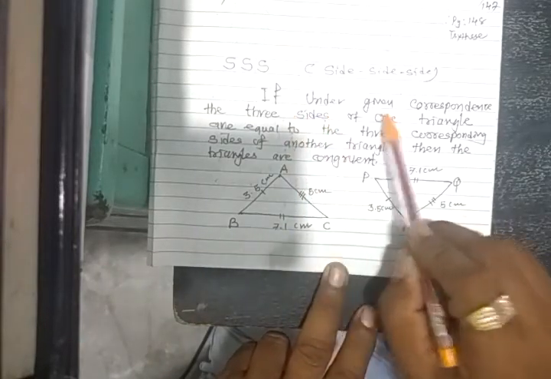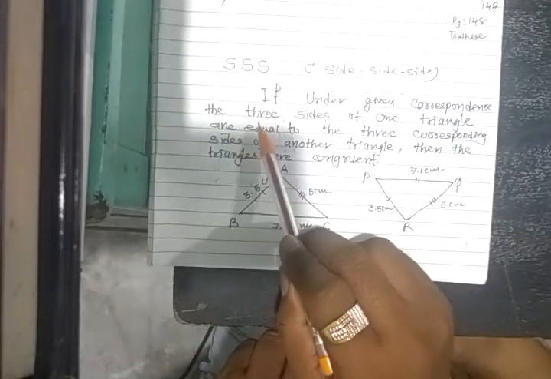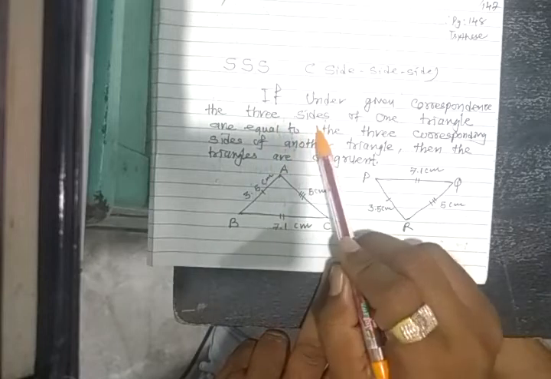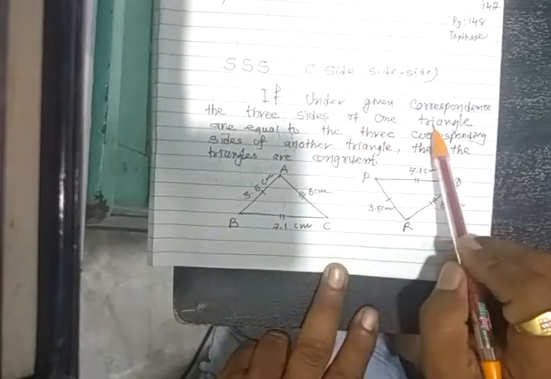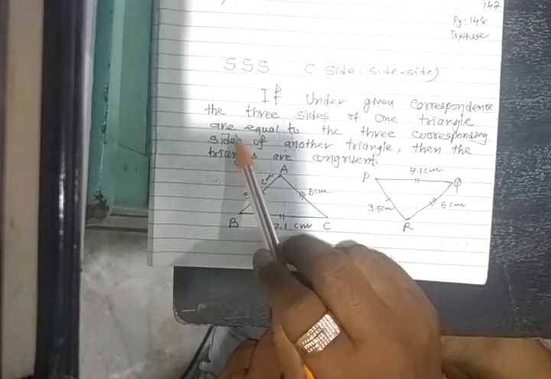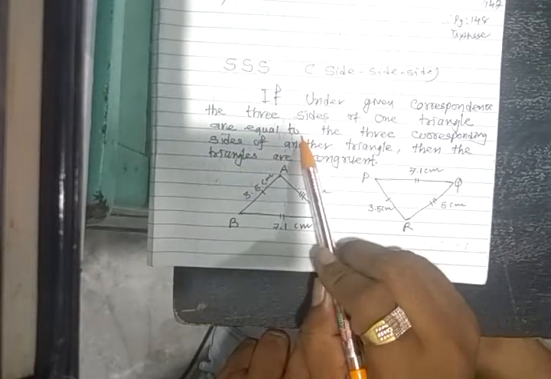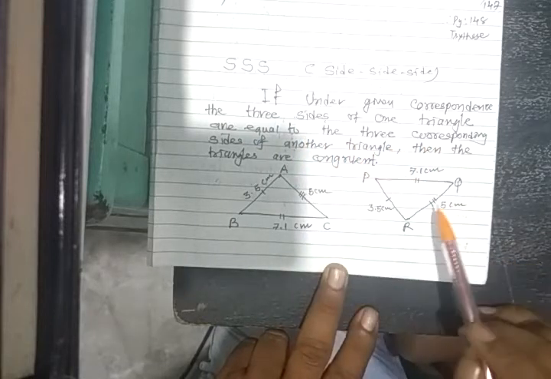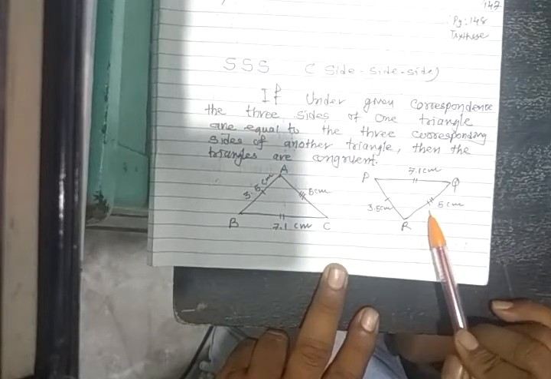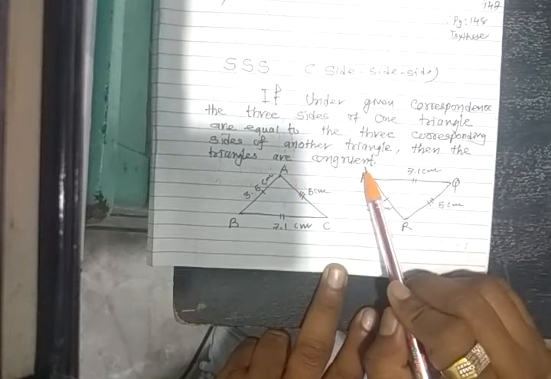If under given correspondence, the three sides of one triangle are equal to the three corresponding sides of another triangle, then the triangles are congruent. Again we speak this statement of SSS criterion.